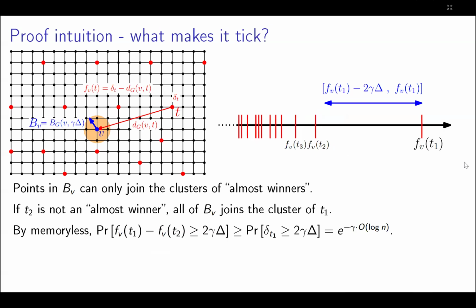If this event occurs, so there are no almost winners, then everybody in this ball will join the cluster of T1. Therefore, the entire ball is clustered together.